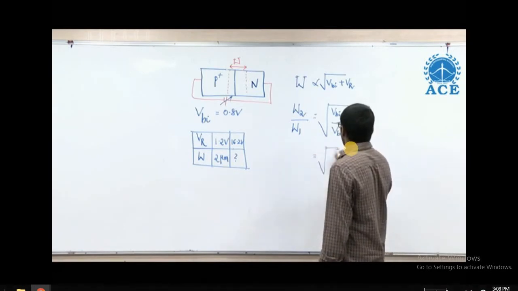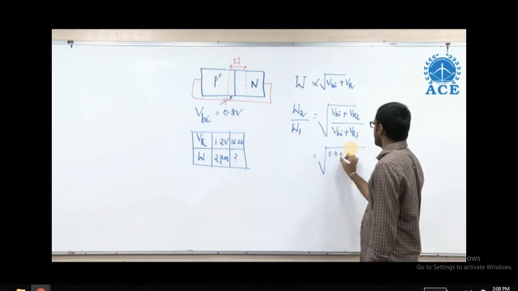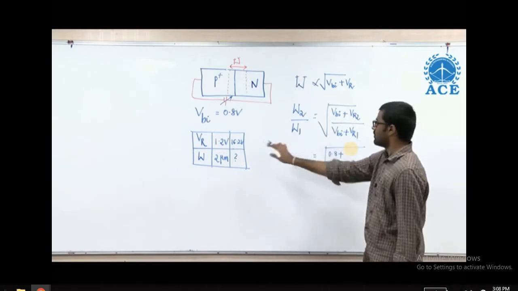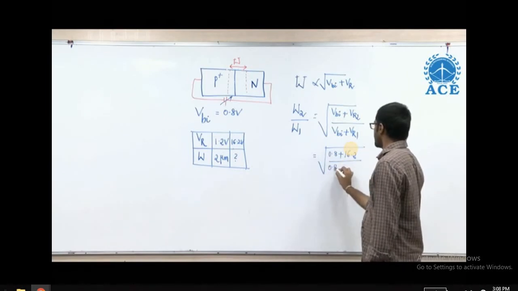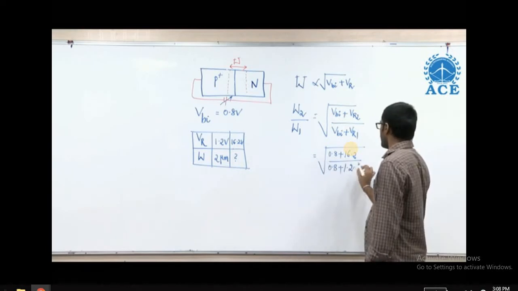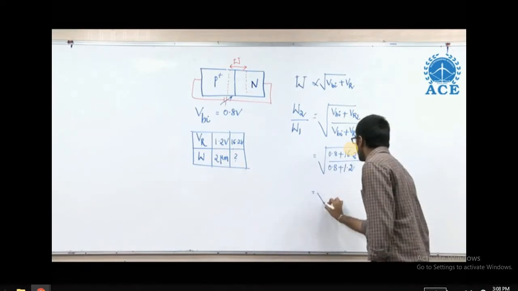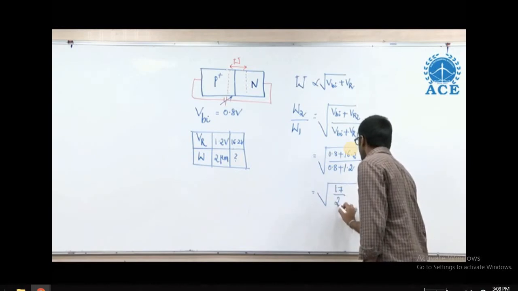If we plug in the values from that table, built-in potential is 0.8 plus reverse bias second voltage is 16.2 volts divided by built-in potential is 0.8 plus applied first reverse bias is 1.2 volts, which is nothing but 17 by 2.